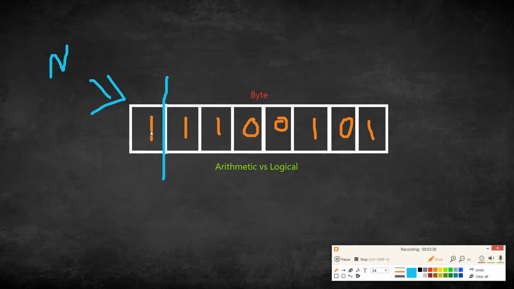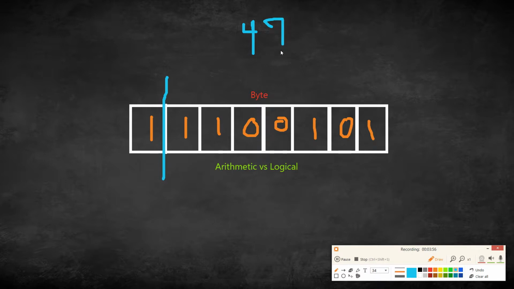But this is the sign on the arithmetic shift. We use it with signed numbers. And why does that matter? Well, for example, this is a 4, this is a 7.